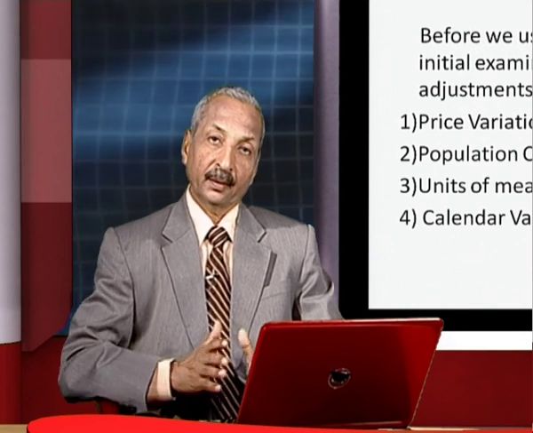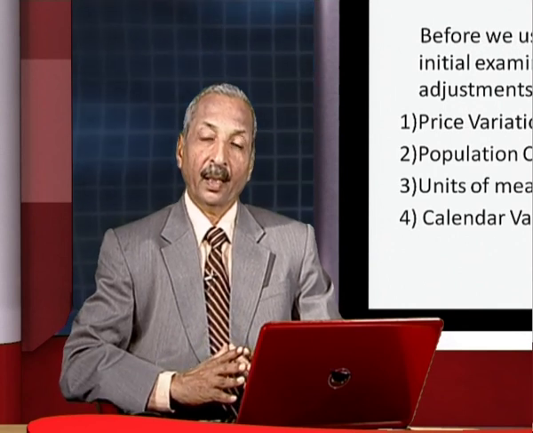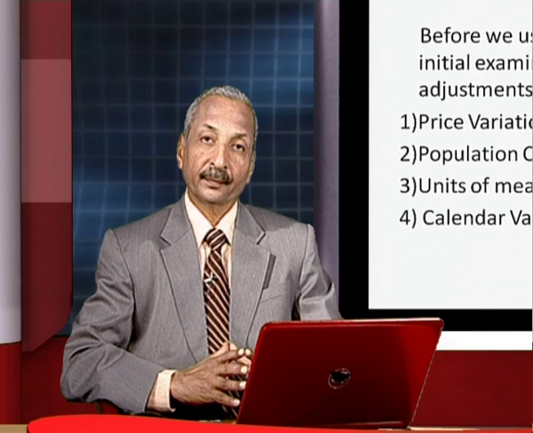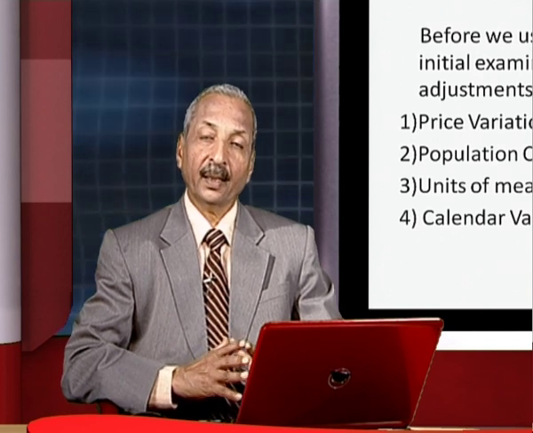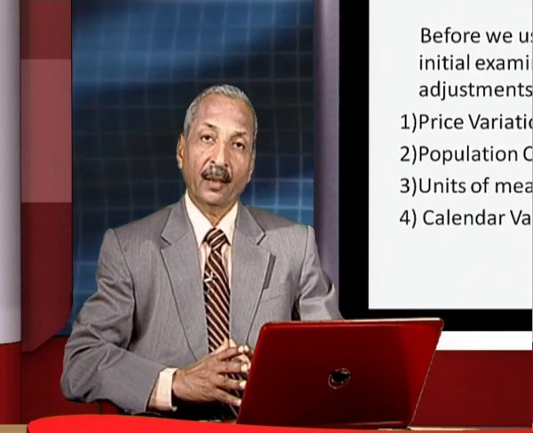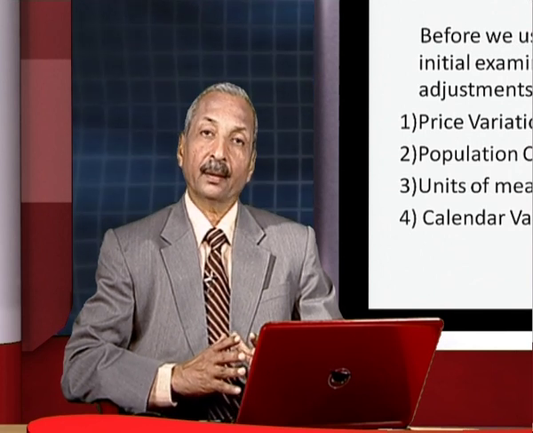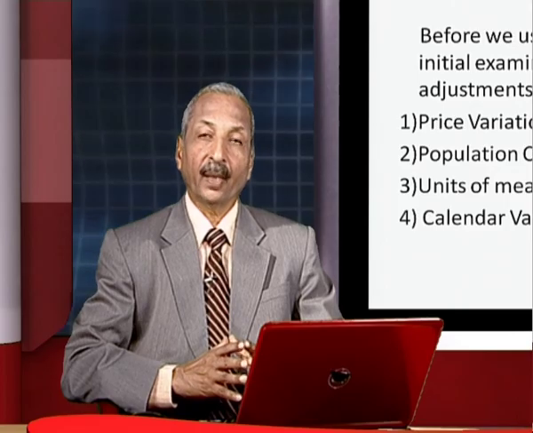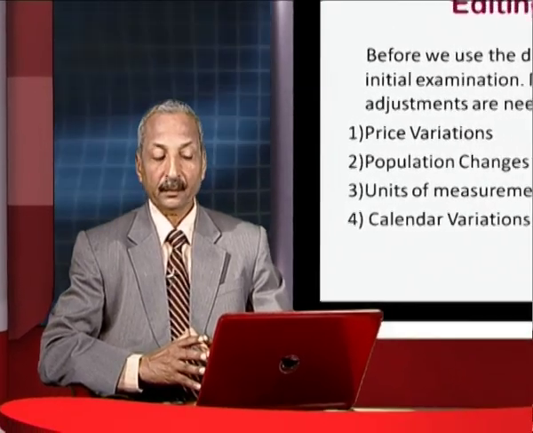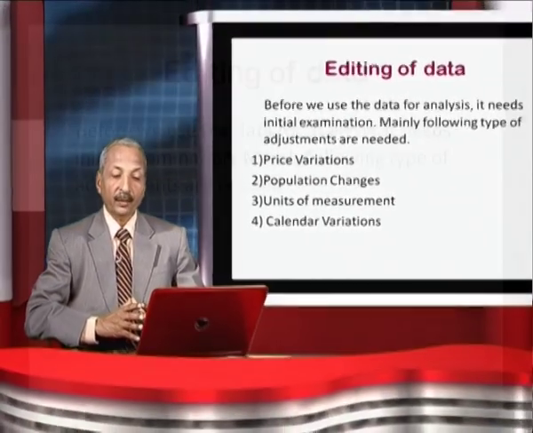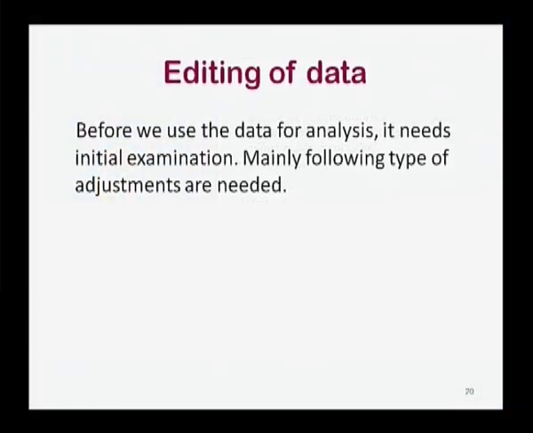But before we use any model or any type of statistical analysis of the time series, it is suggestive to edit the data. That is, before we use the data for analysis, it needs initial examination.